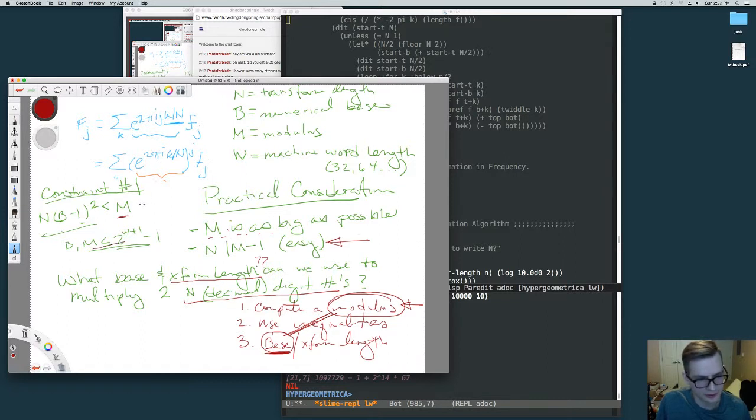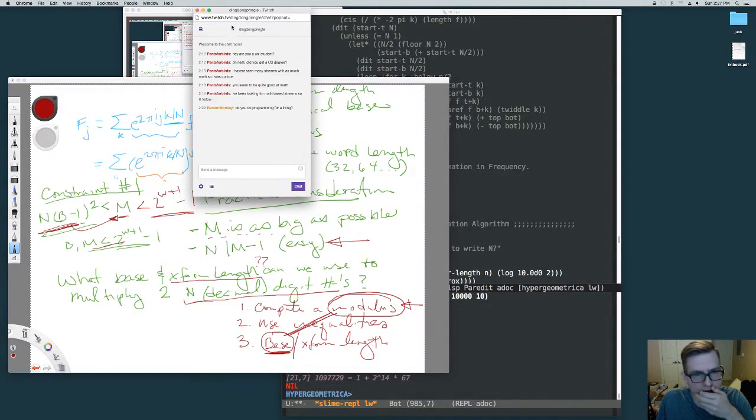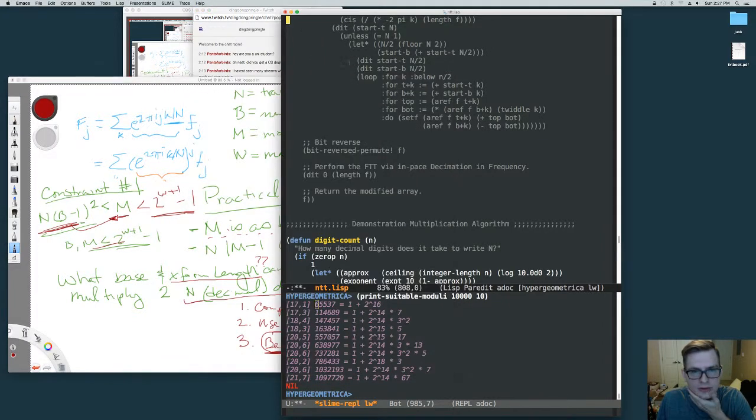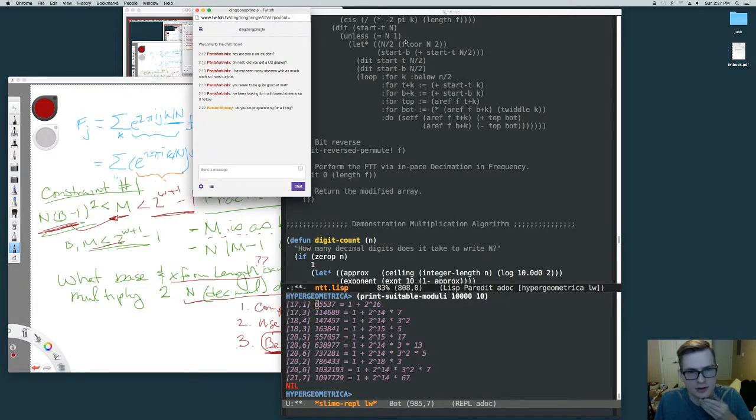We can chain this together and say that this should be less than 2 to the w plus 1 minus 1. So what we can do is select some nice numbers up here to create some candidate n's and b's over here, and then use that to generate a modulus. So we're going to try to generate n and b and then generate a modulus from that. Let's see if it'll work.